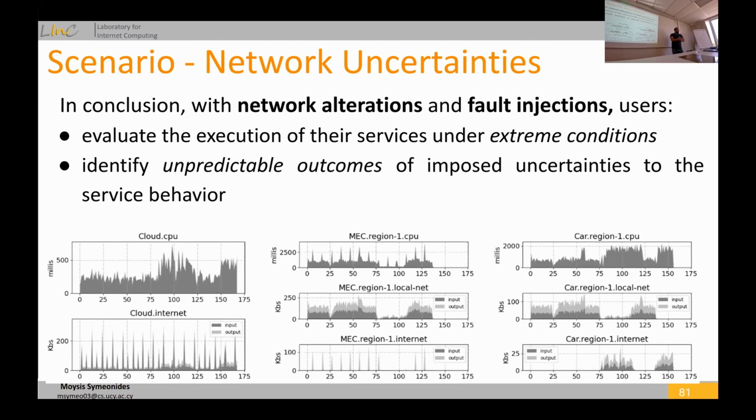So in conclusion, with network alterations and fault injections, users can comprehensively evaluate the execution of their services under extreme conditions and can identify unpredictable outcomes and uncertainties in their service behavior.